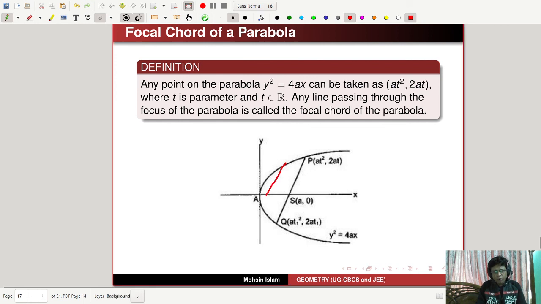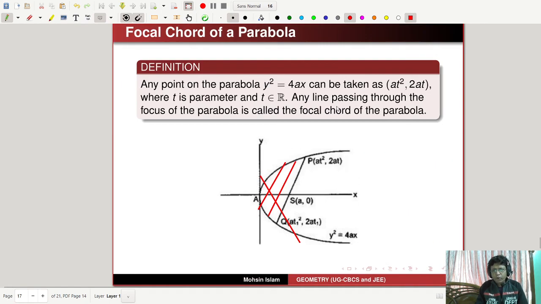There are infinite numbers of chords of the parabola, but a focal chord means it passes through the focus of the parabola. You can pass infinite numbers of lines through the focus.